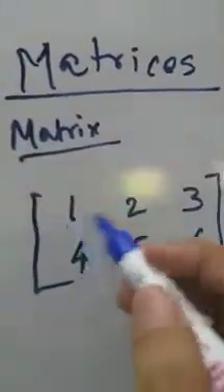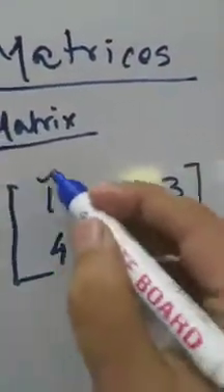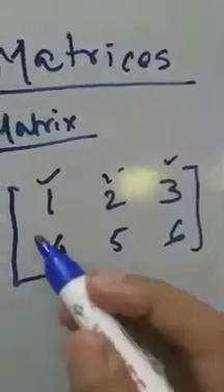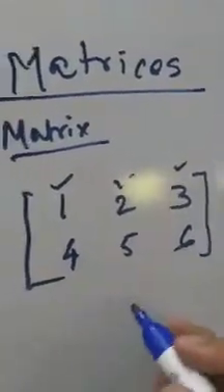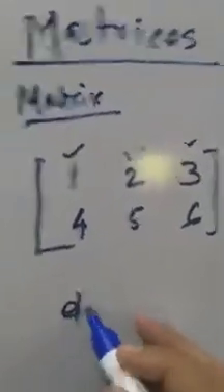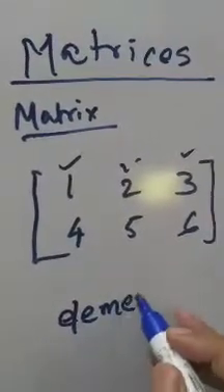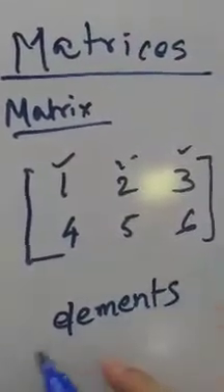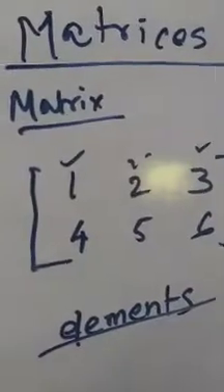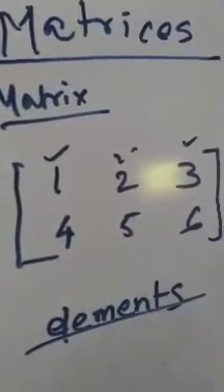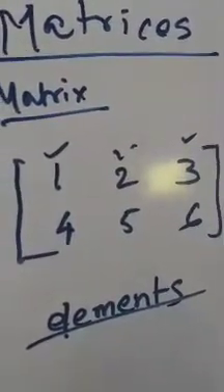The numbers which make up the matrix, like 1 here, 2 here, 3 here, or 4, 5, 6, are called the elements of the matrix.